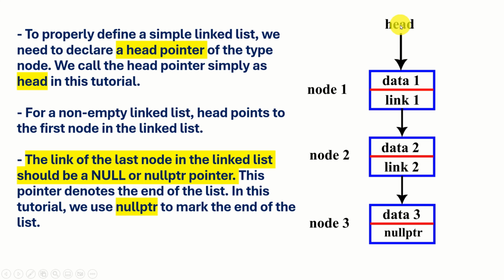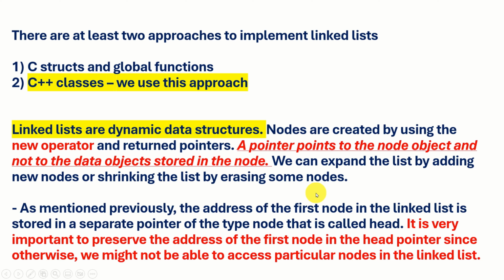Then the linked list starts with a pointer called head, and this pointer points to the first node in the linked list. The linked list ends with the null pointer, and this means that this is the last node in the linked list. As you will see later on, we will use the fact that the list ends with a null pointer to print all the entries of the linked list.